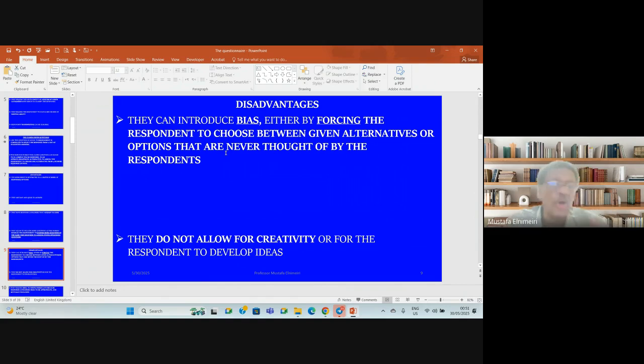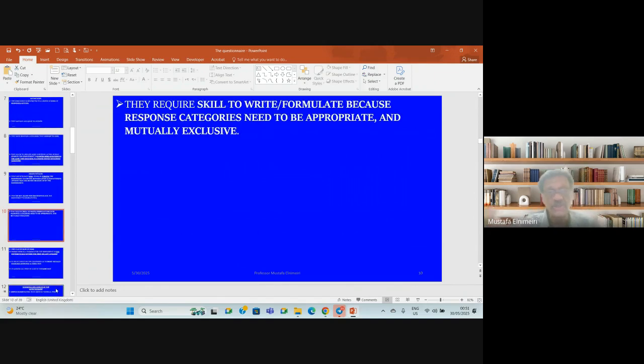So they do not allow for creativity or for the respondent to develop ideas and provide opinions and maybe important information about a certain issue. They require skill to write and formulate, because response categories need to be appropriate and need to be exclusive.